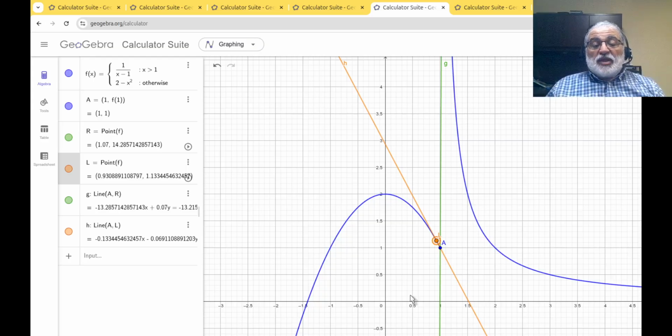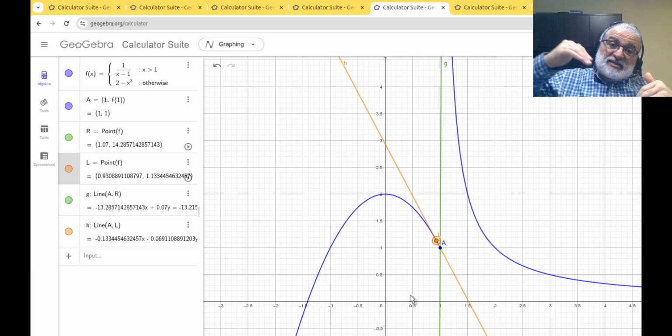So now they are not even the same line. It's not like this one is vertical and this one is also vertical. No, this one is vertical and this one has a finite value. And if you remember from the definition, a limit exists when the left-sided limit is the same as the right-sided limit.